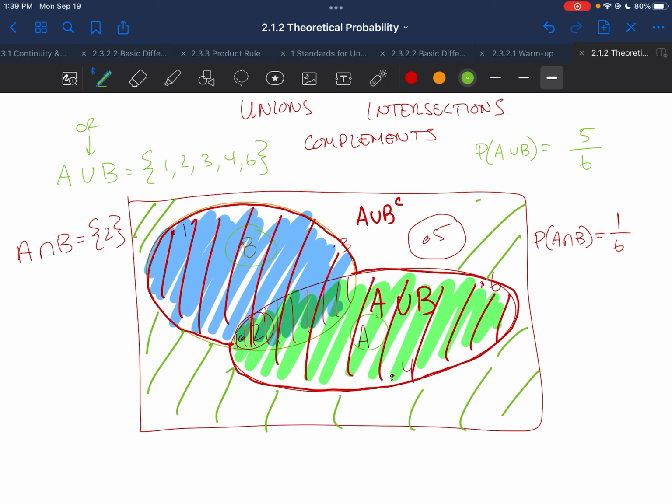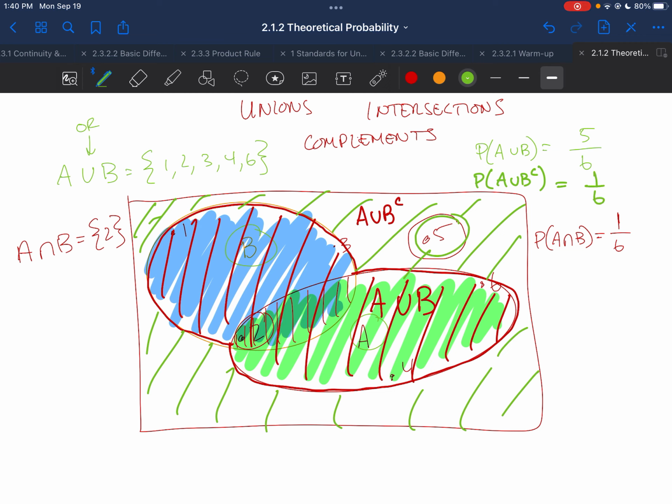The way that I drew this, there's only one value out here, and that's the value 5, if we rolled a die and a 5 came up. So the complement of A union B would be 1 out of 6.